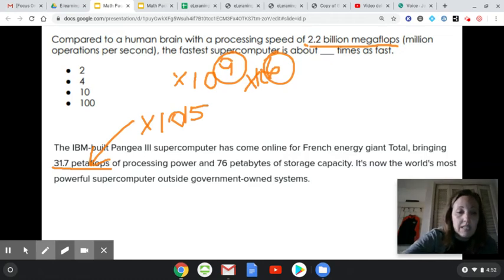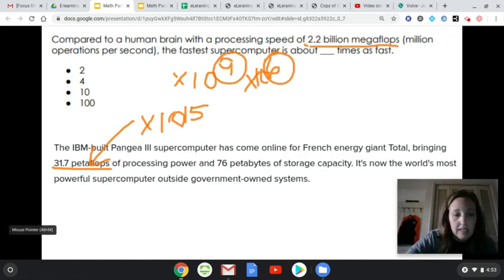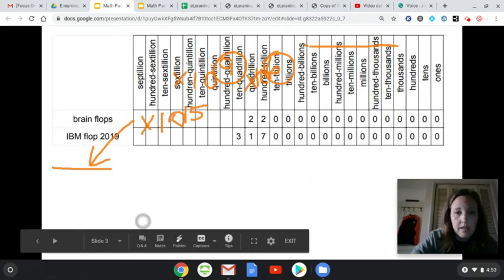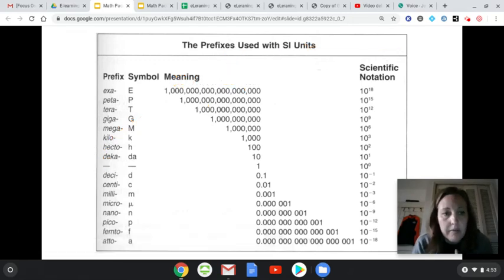To make it a little easier for you to see this, I am going to advance to this next slide. This slide shows the prefixes that we just talked about: peta times 10 to the 15th and mega times 10 to the 6th.